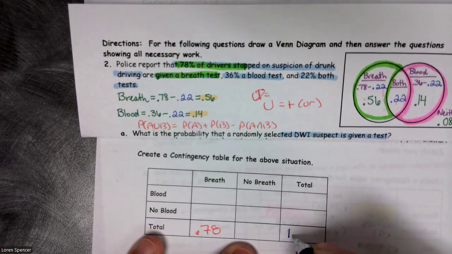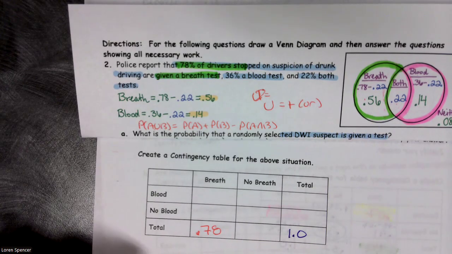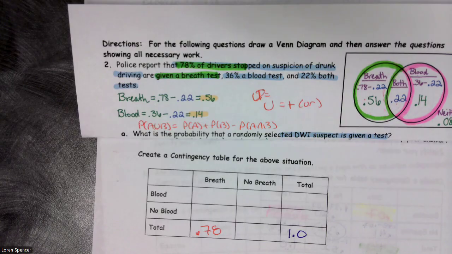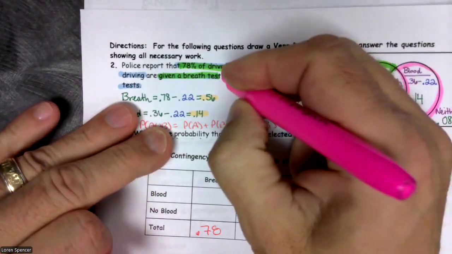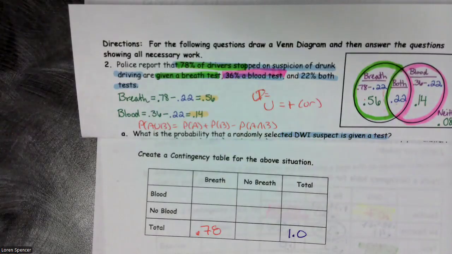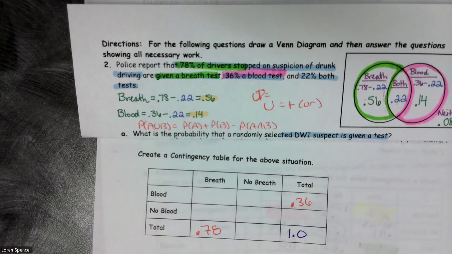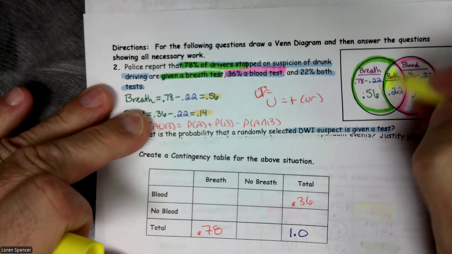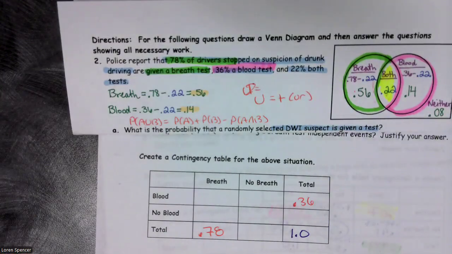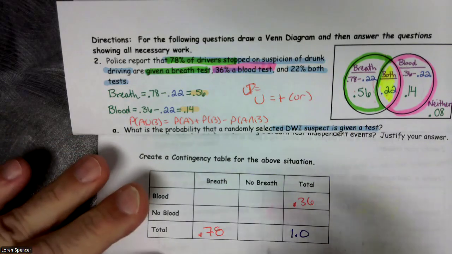The easiest part is going to be 1.0. This will always be 1.0 if we're working with probability. Now, the next thing they give us is 36% are given a blood test. Well, 36% blood test, that tells me blood is right here. This is 0.36. The next thing we know is the both. The both is right here at 0.22. Let's go ahead and mark that in.